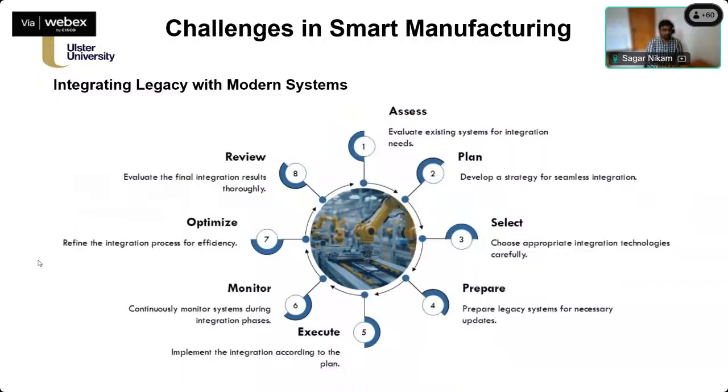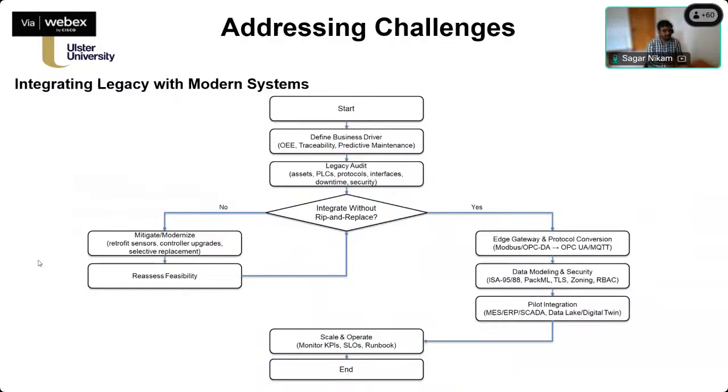modern system. So when we talk about integrating the legacy system with the modern system, there's a practical path to connect our current equipment with modern IT systems. This process begins with defining the business driver. So decide why you are integrating. It could be OEE, that's overall equipment effectiveness improvement, or you're going to do it for traceability.